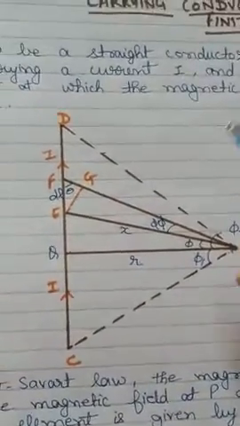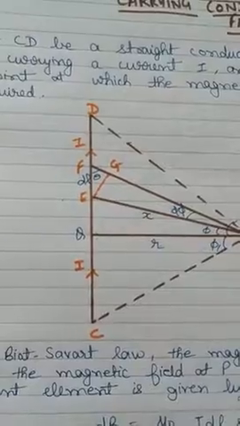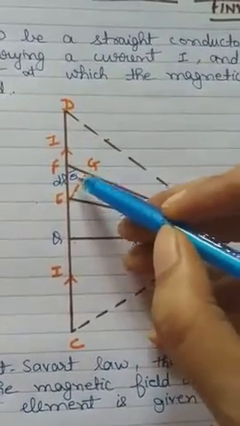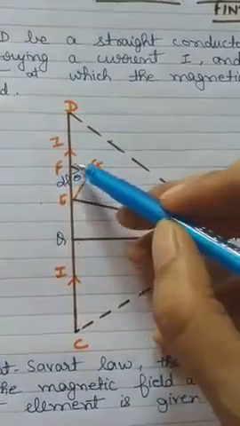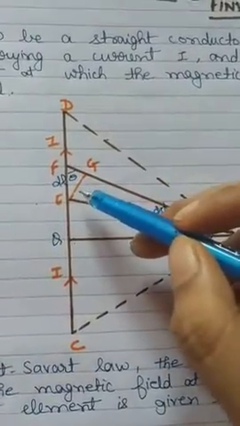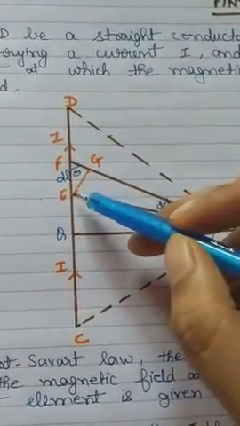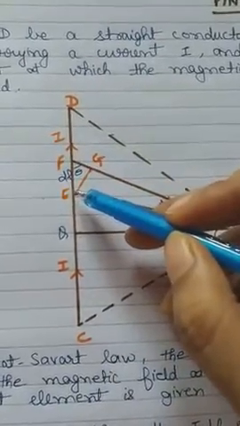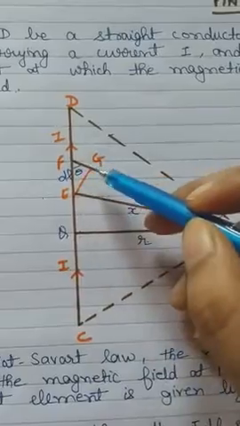So see, first we will use triangle EFG. That's why we had drawn a perpendicular here. So in triangle EFG, what is the perpendicular and what is the hypotenuse? You can see that EG is the perpendicular and EF is the hypotenuse, and FG will be the base.